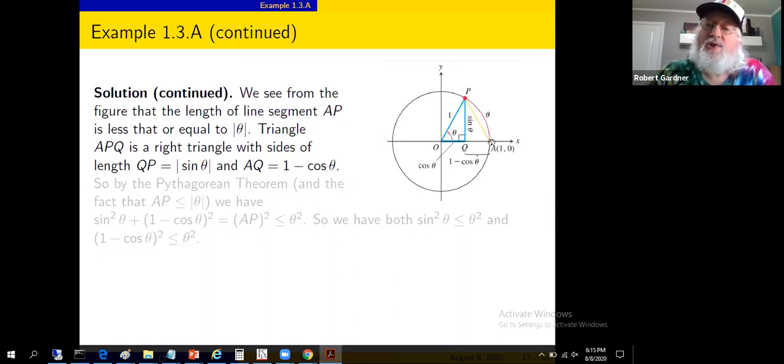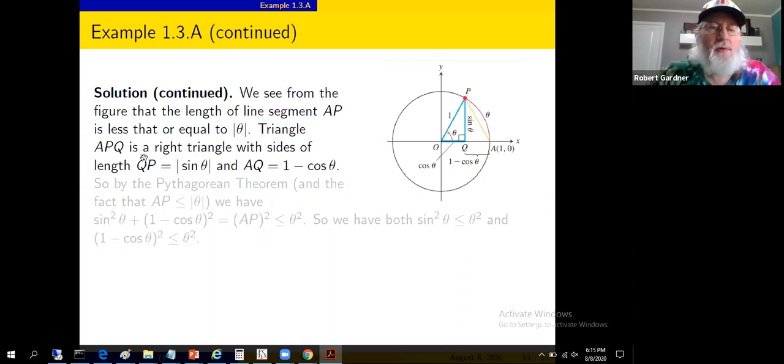So this little orange line segment of length AP is less than or equal to the absolute value of the angle theta, measured in radians, which is the distance along the crust of the pie, the distance along the circle from A to P.